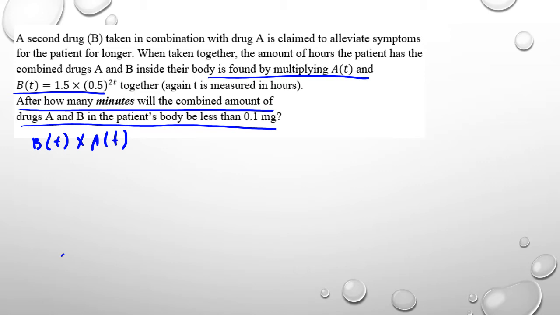So I need to find first the equation for the combined amount of drugs. The B of T is given in here, 1.5 times open bracket 0.5 close to the power of 2t, multiplied by the other one, which is 120 times 0.25 to the power of t.